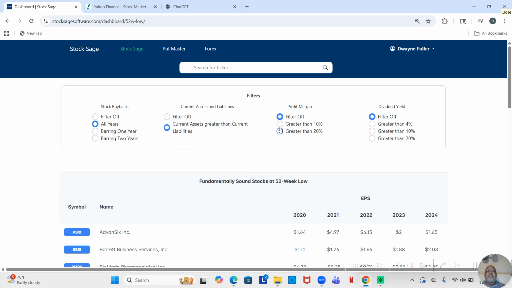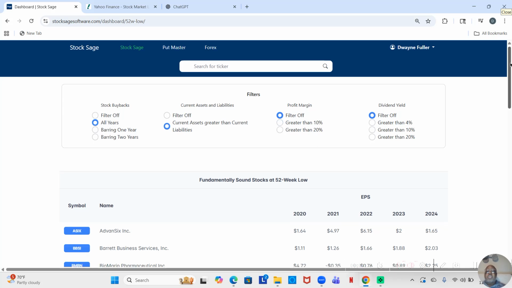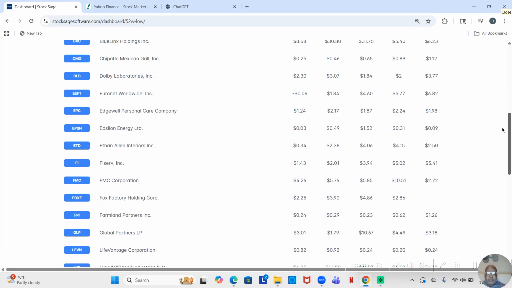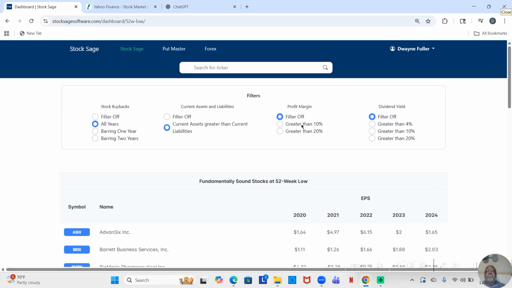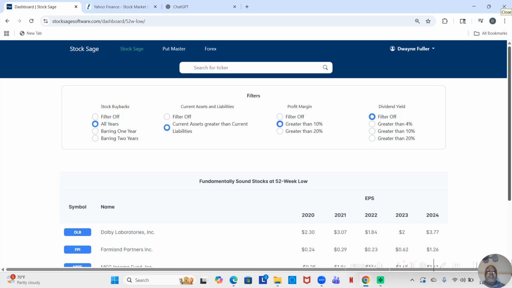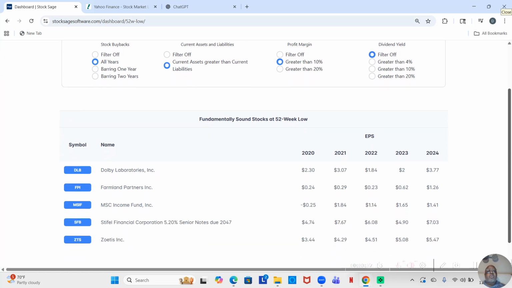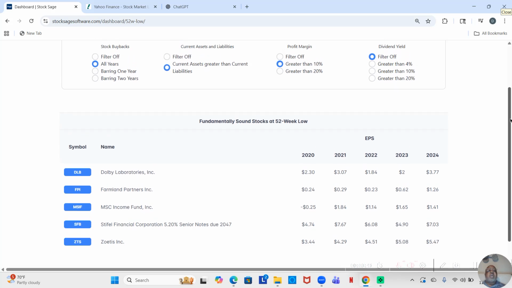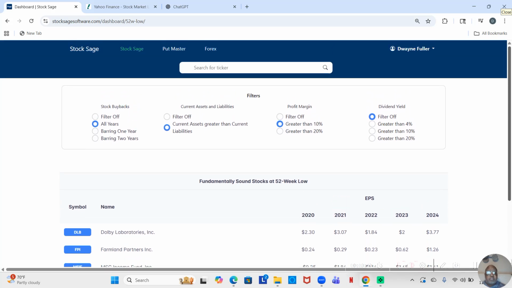And we can even pick profit margins which are greater than 10%. Notice we have a pretty long list here, but if we choose profit margins greater than 10% for the last 5 years, that list gets a little smaller. It shows us all the stocks that are on that list.